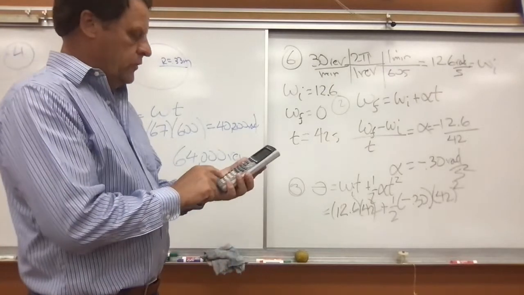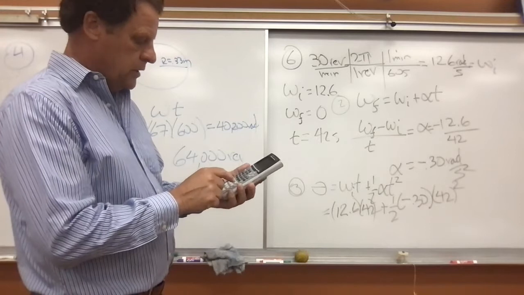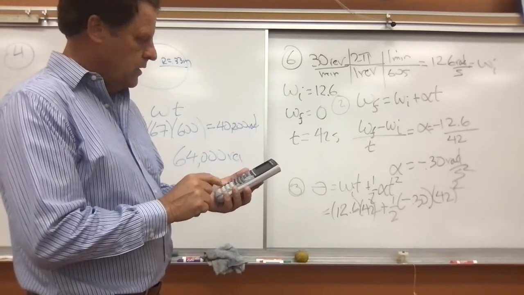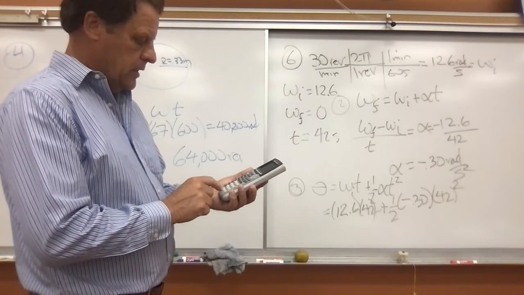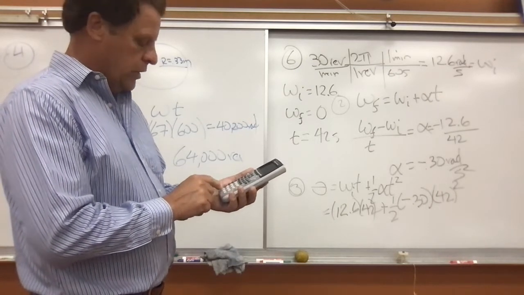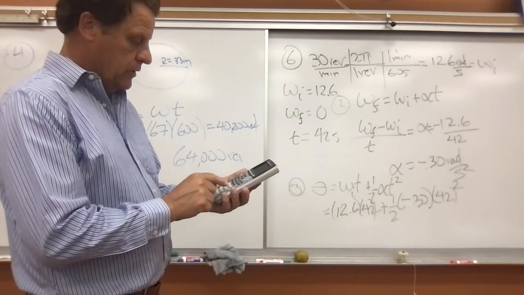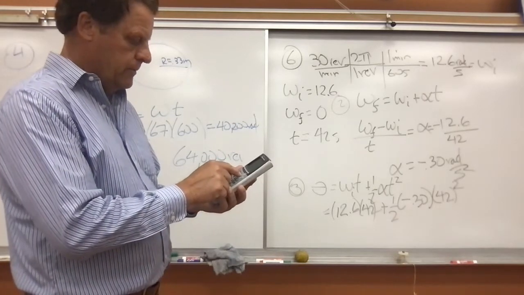So 42 squared times 0.3 divided by 2, that's 264. And then we're going to take 12.6 times 42.